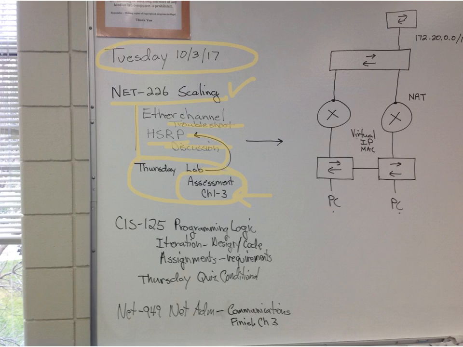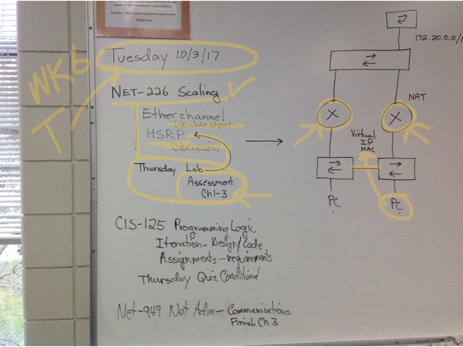So, this is week 6, and this is Tuesday. We discussed how you can have two routing devices, and we have our switches that are connected, and then the PCs. The PCs will point at a virtual IP. You'll make one of the routers the preemptive one, the one that's going to be used, and the other one not.